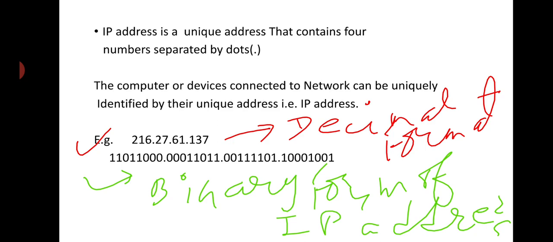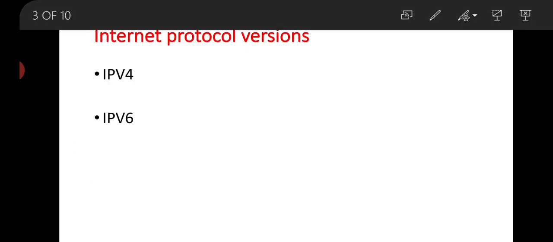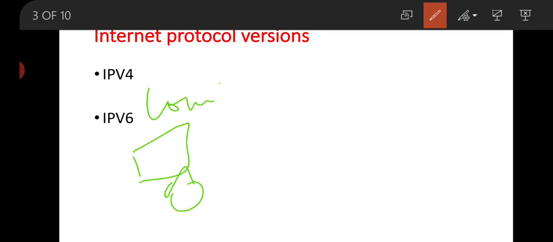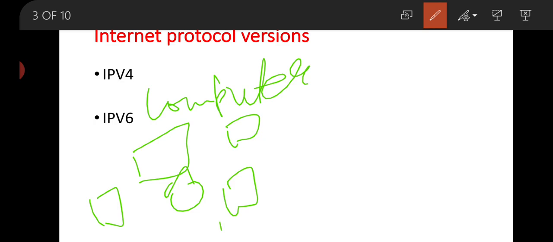Now see, suppose this is your computer, and here are many computers. This is your internet.